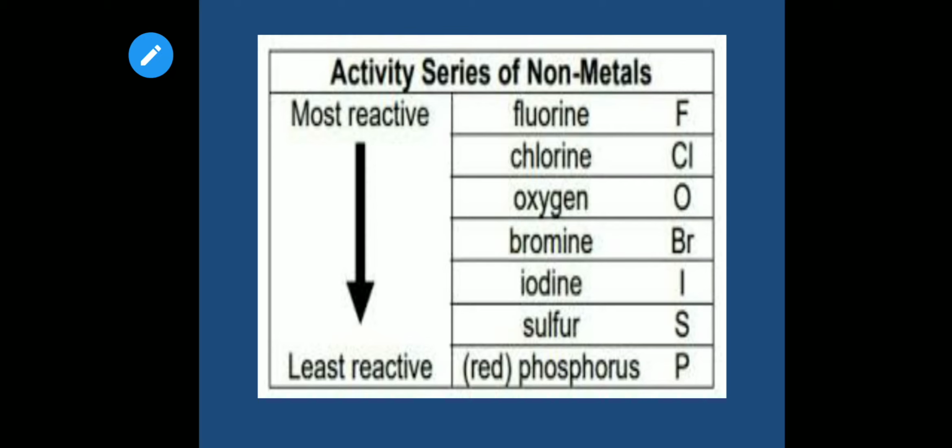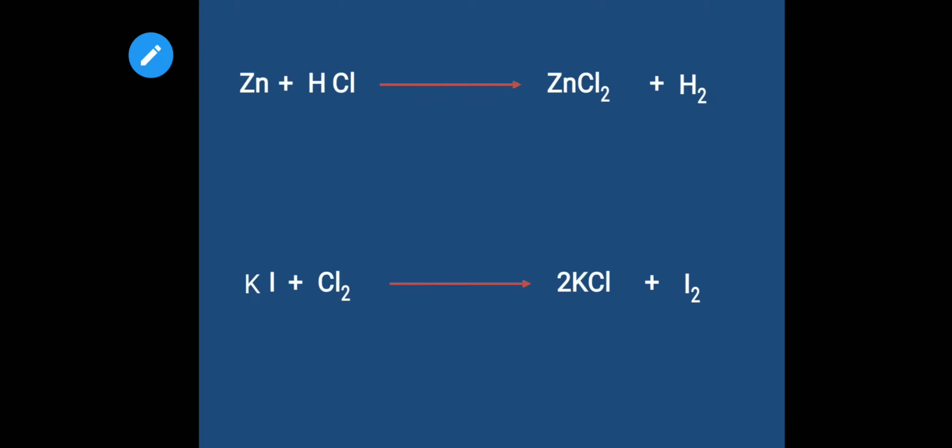Let's see examples of displacement reaction. The first one, here we have zinc plus HCl. Since zinc is more reactive than hydrogen, according to the reactivity series, it displaces hydrogen. You can see here, it displaces hydrogen and we will get zinc chloride and hydrogen.